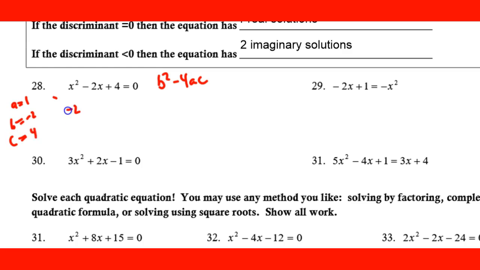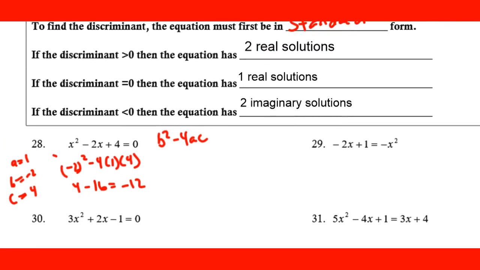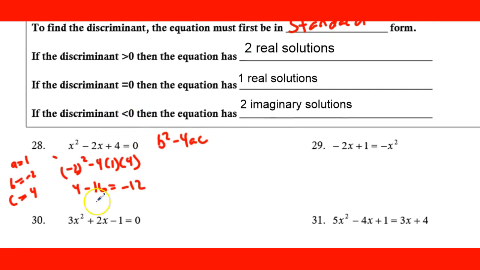We go -2 squared minus 4 times a times c. -2 squared is 4, minus 4 times 1 times 4 is 16. So you have 4 minus 16, which gives you -12. Since you got -12, that's less than 0, so there are 2 imaginary solutions.